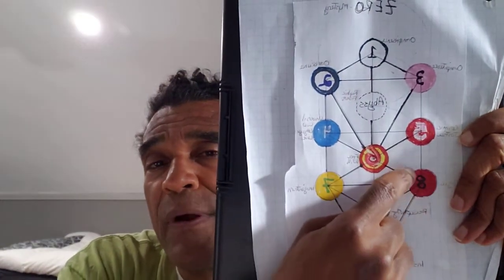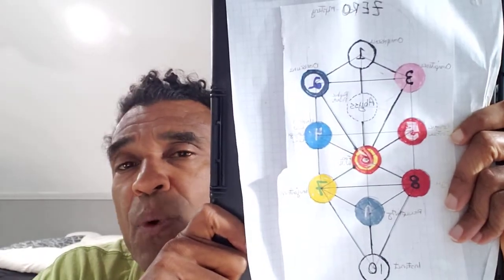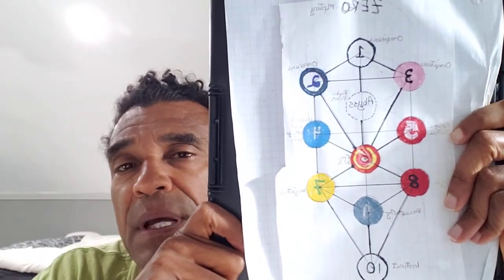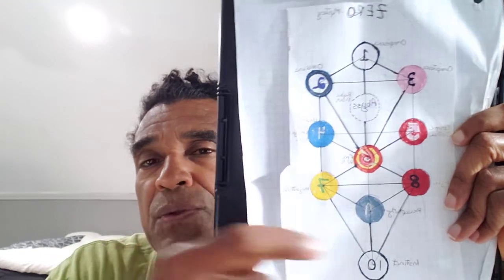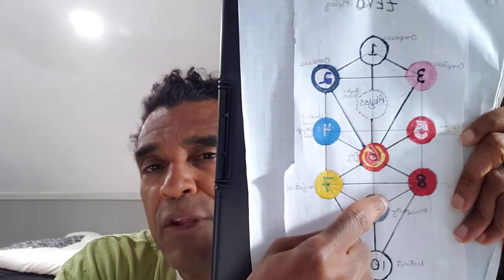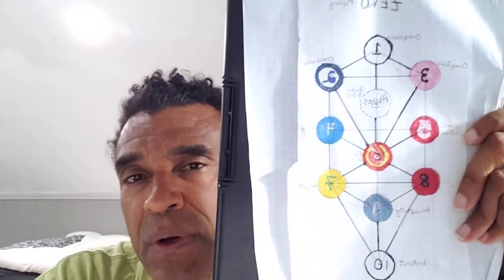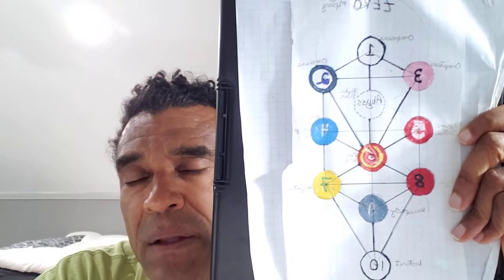So the 8th sphere, if you recall, corresponds to really the consensus worldview. This is what you get once you leave the home, leave the domestic space, and you move out into the real world. You start going to school, you start going to church, you start going to the mall, going out in public.